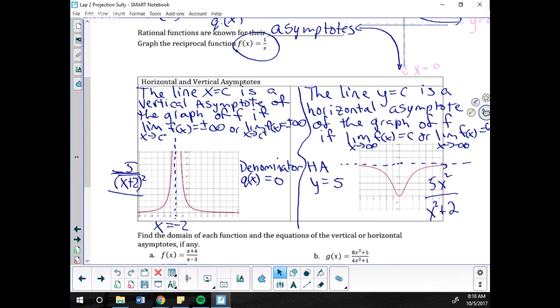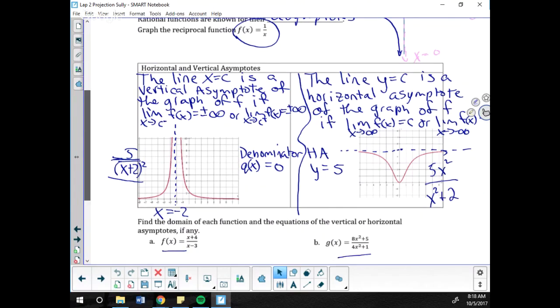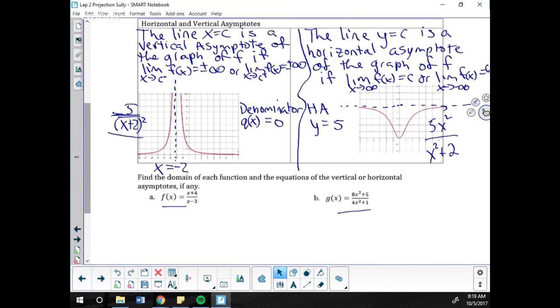It's like a horizontal imaginary line. When that limit goes, as x goes into infinity, you hit a value. So your end behavior is actually going towards some value, not going to positive infinity or negative infinity.